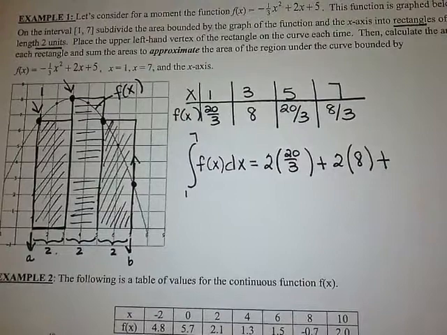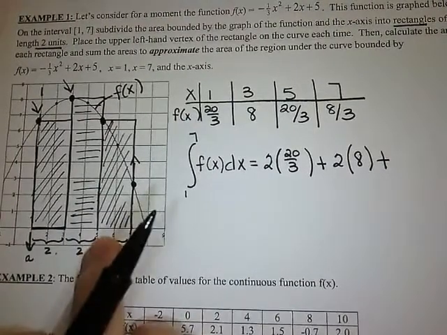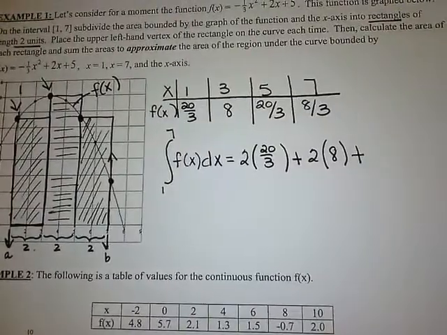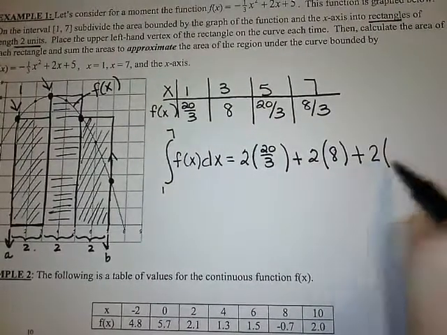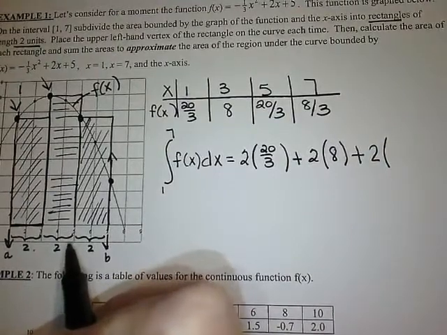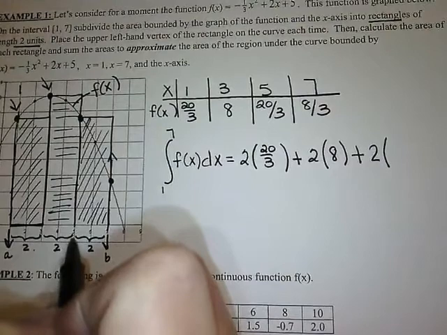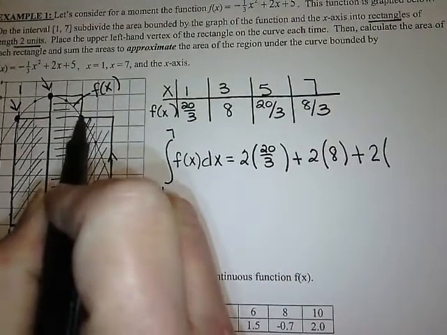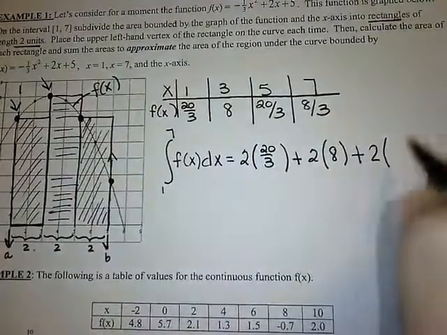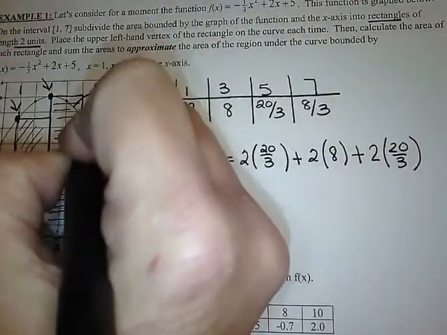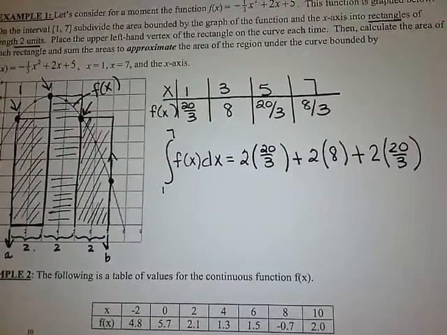And then my third rectangle down here also has a base of 2. I'm going to put 2, times what f of x is on the left-hand side. So that's where f of x is 5, right? That's going to be 20/3. So this again is the left-hand side of my rectangle.